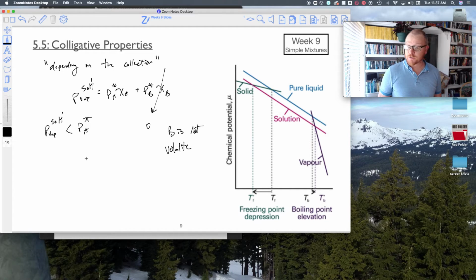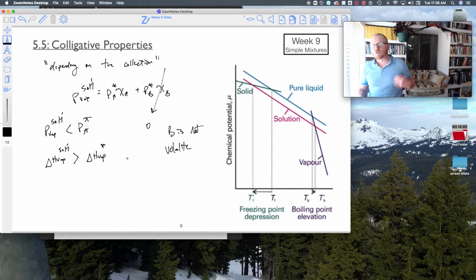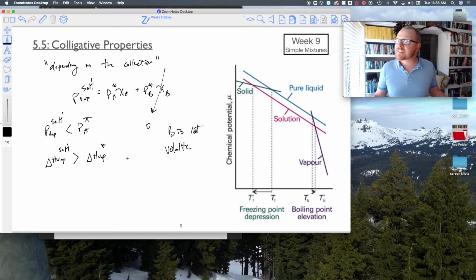So that means there's a vapor pressure lowering, okay? And so what that also means is the delta H of vaporization of the solution is actually going to be greater than the delta H of vaporization of the pure liquid, okay? And so the result of that is the boiling point has to increase.